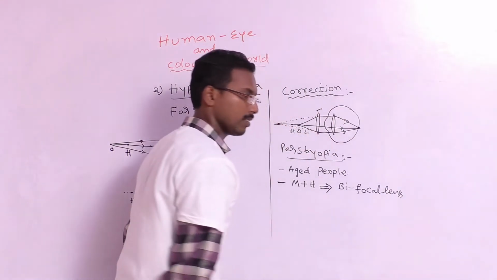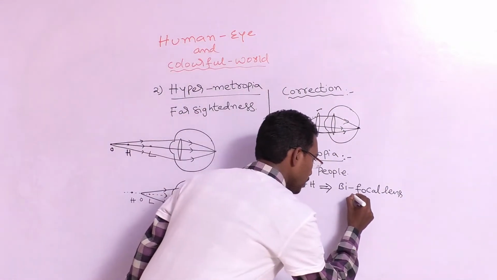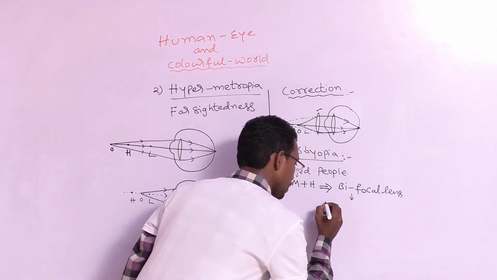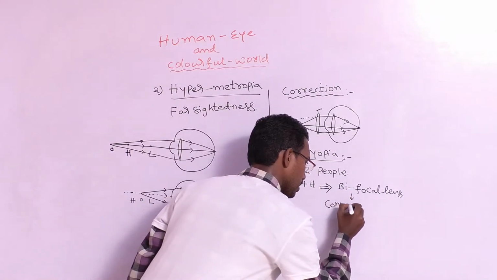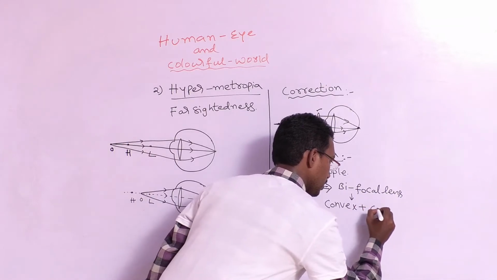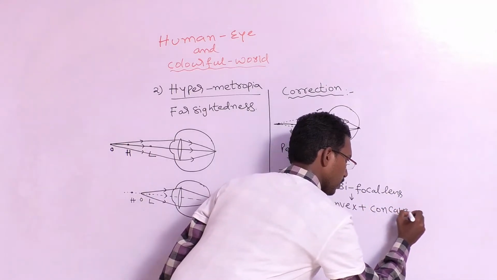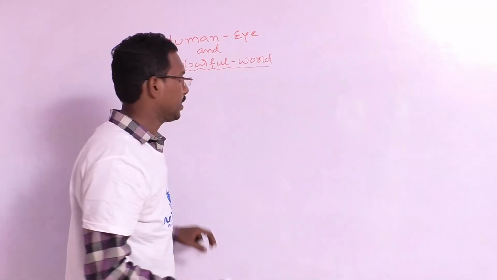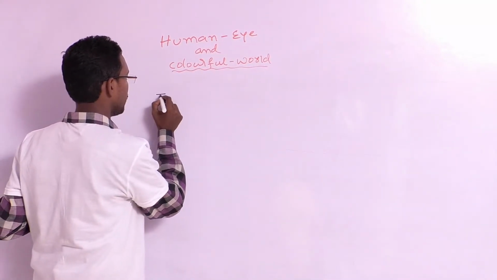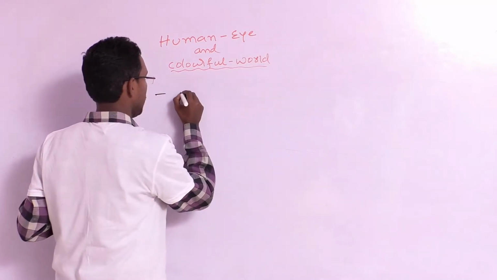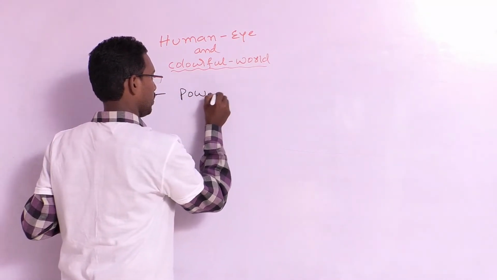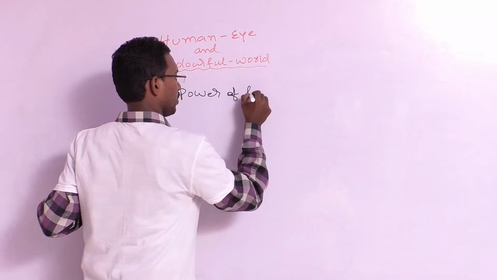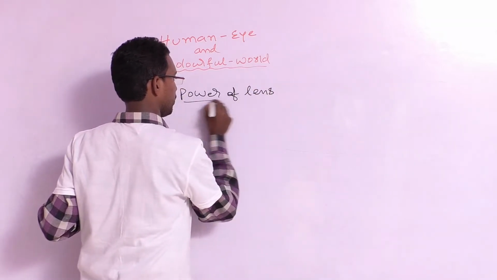So a bifocal lens is a combination of both convex and concave lens. Then later we will deal with the concept known as power of lens. So what is meant by power of lens? Simple.